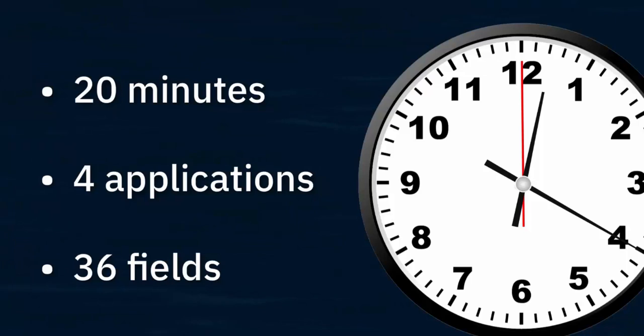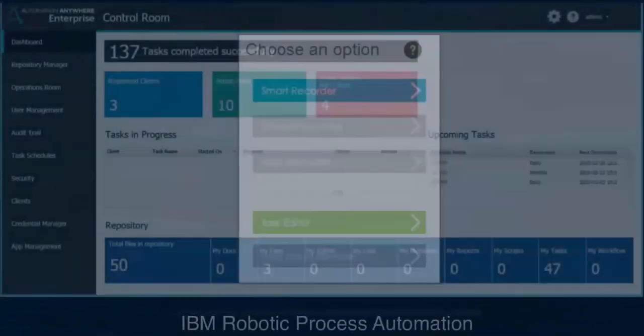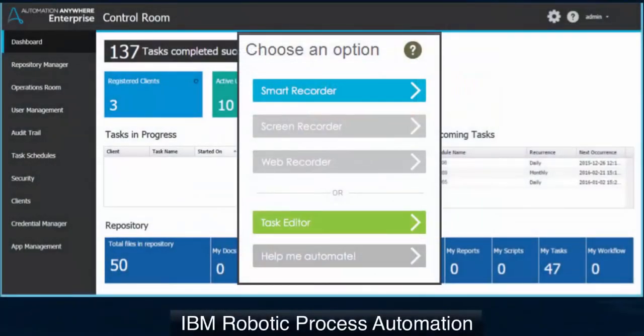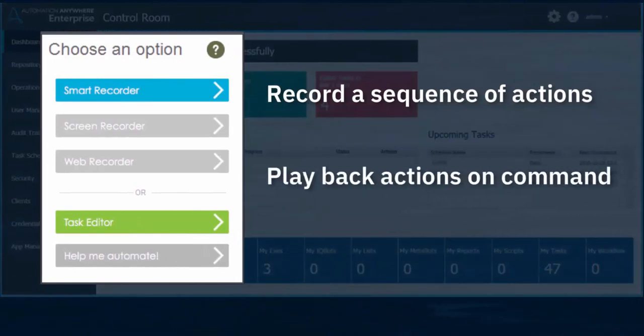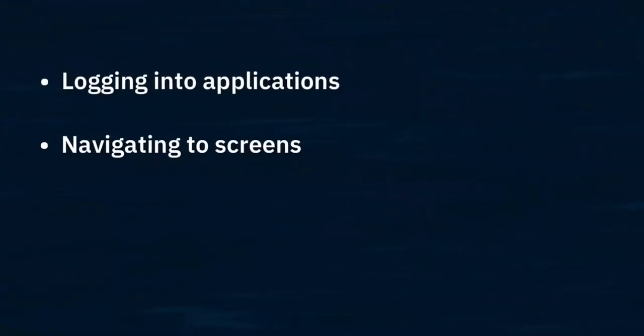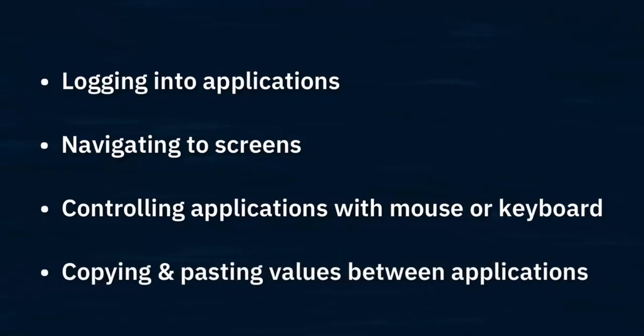All this takes 20 minutes for an application and 36 fields to complete. And now we are doing this with an RPA automation. Now we are doing the same thing on the same processes, but using a robot.